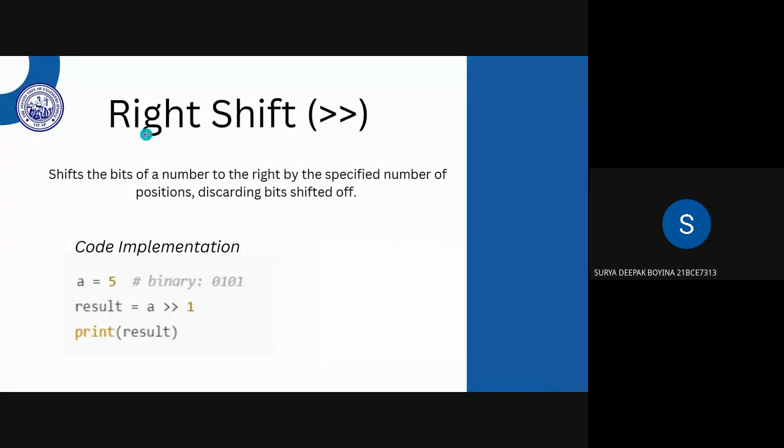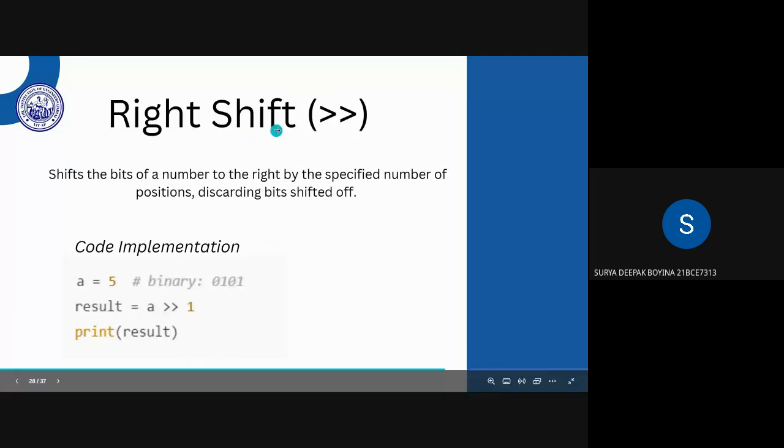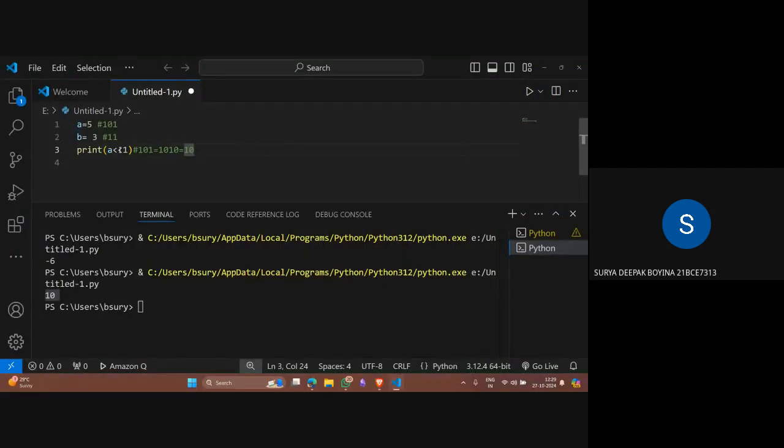This is similar to your right shift, very much similar, but it will shift in the direction of right. This is the operator for right shift, and similarly I'll give you a one-time shift.